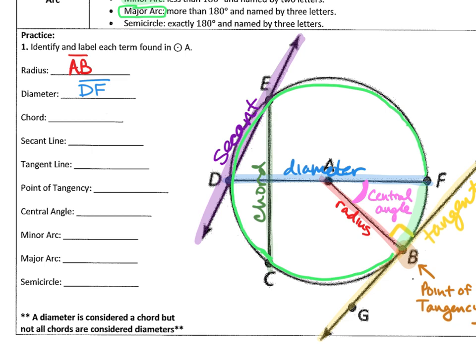The chord is also a segment because it has a starting and a stopping point. So we're also going to call it a segment with the little line above it. The chord, which is dark green, where does it start? Point E. Where does it end? Point C. So we will call that segment EC.